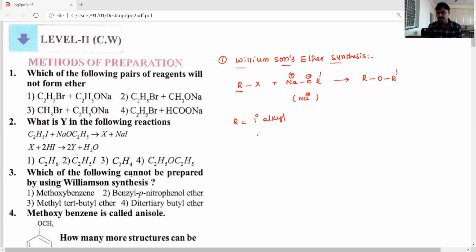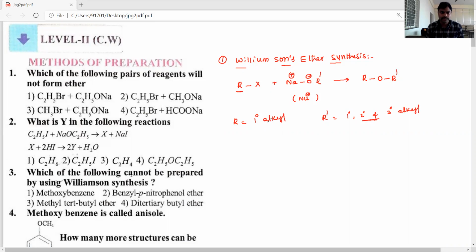And X is chlorine, bromine, or iodine. Then R' may be primary, secondary, or tertiary alkyl groups. Based on that, the corresponding products will be obtained.